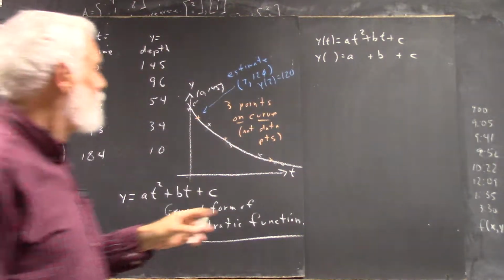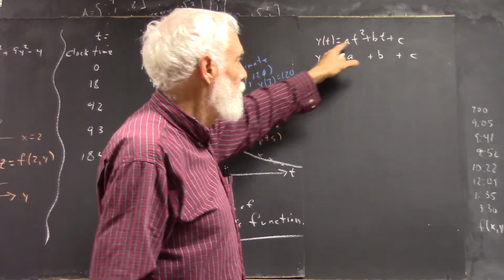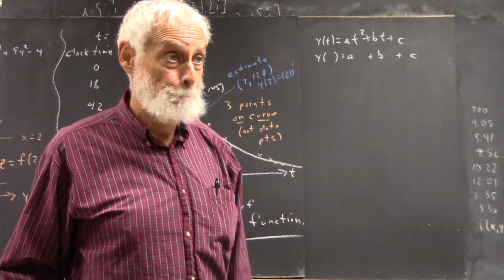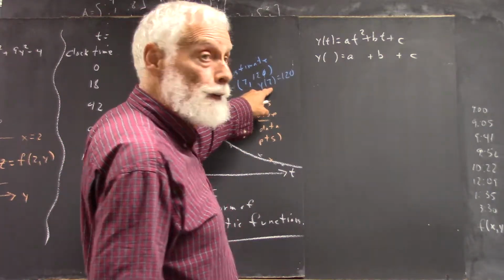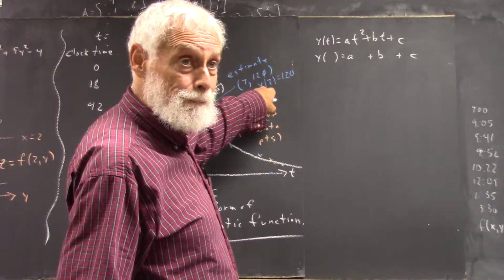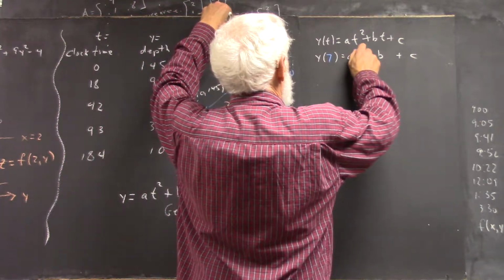Well, I've written this whole function except for the t's, right? And t, of course, for this point is 7. So I'm going to put 7 in every place there's a t.